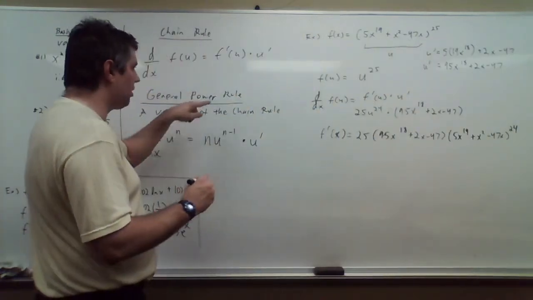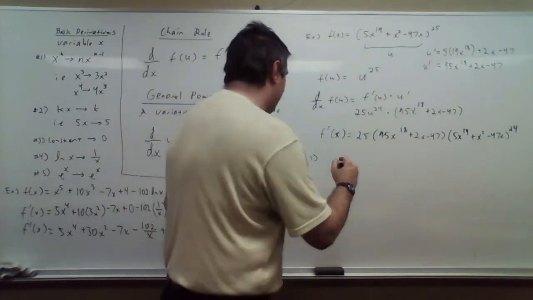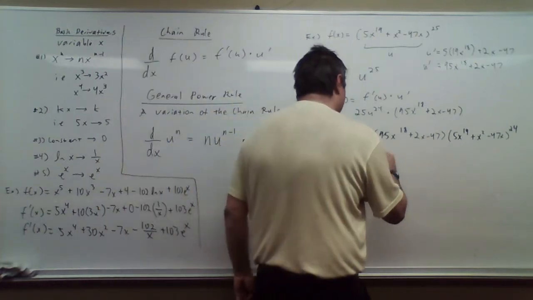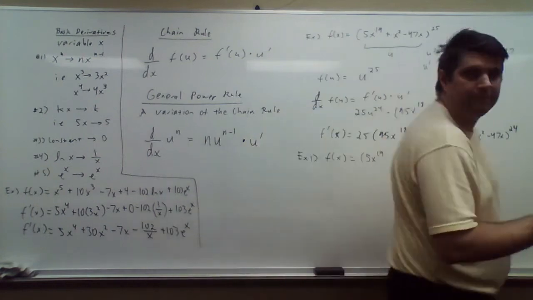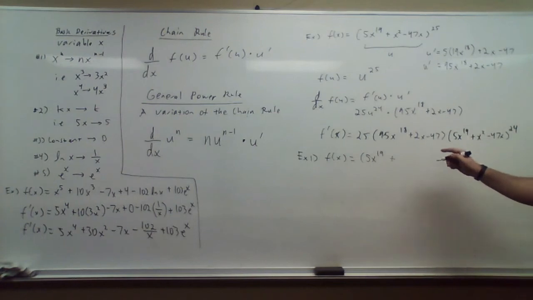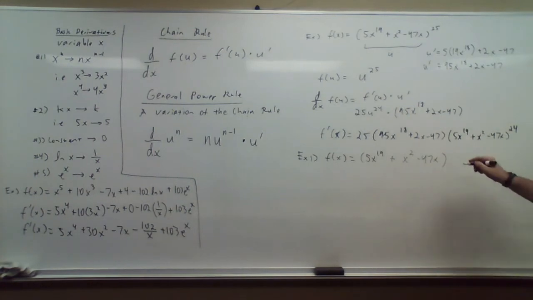Now I'm going to use the general power rule. Example 1. f of x equals 5x to the 19th plus x squared minus 47x to the 25th power.